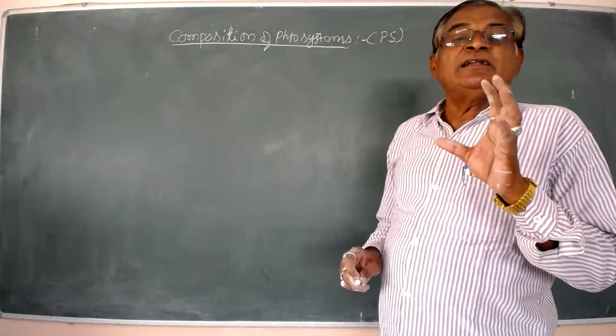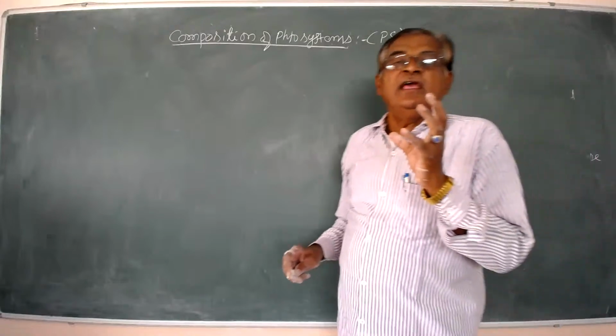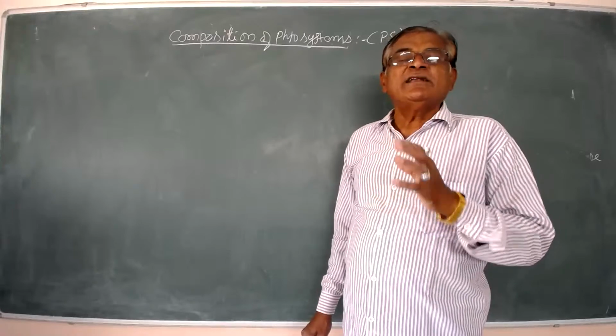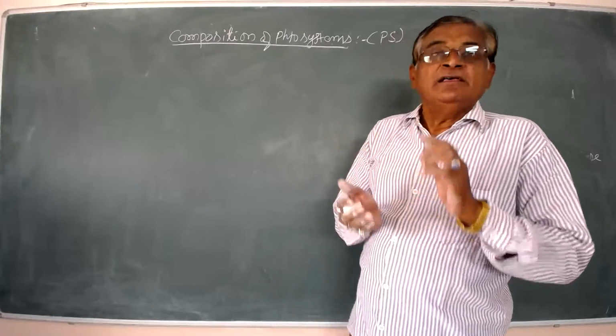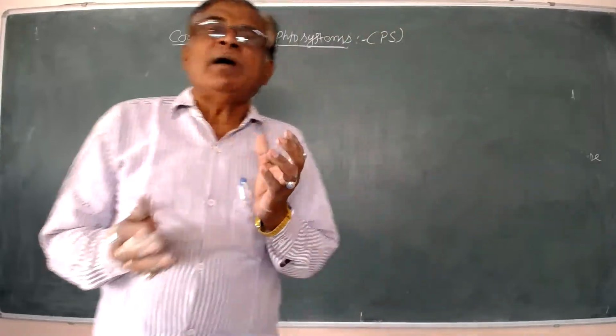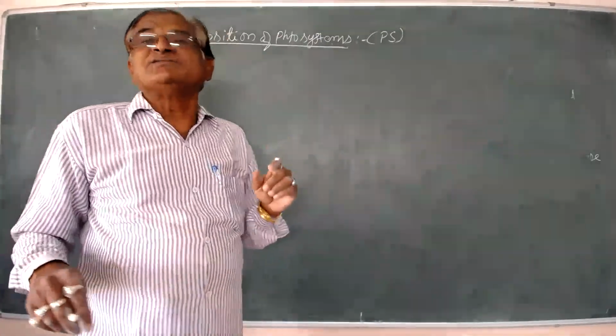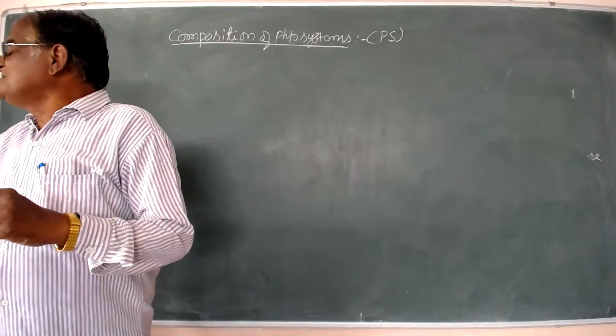These are nothing but a mass, a group of different pigments, enzymes, and minerals, all present in a system, and collectively we call them photosystems.